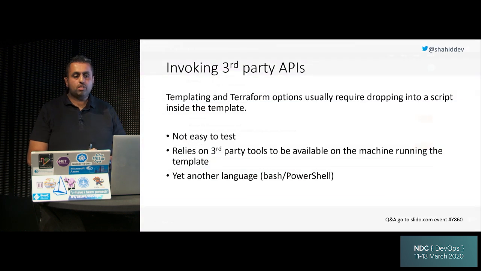So one of the other challenges I mentioned was about invoking third-party APIs. So using templates or Terraform, usually what you need to do in this situation is drop down into some kind of script inside the template. The challenge with this is you can't easily test that script. You often rely on third-party infrastructure to be available on the machine that you're running on. And often you have to write this in a different language.